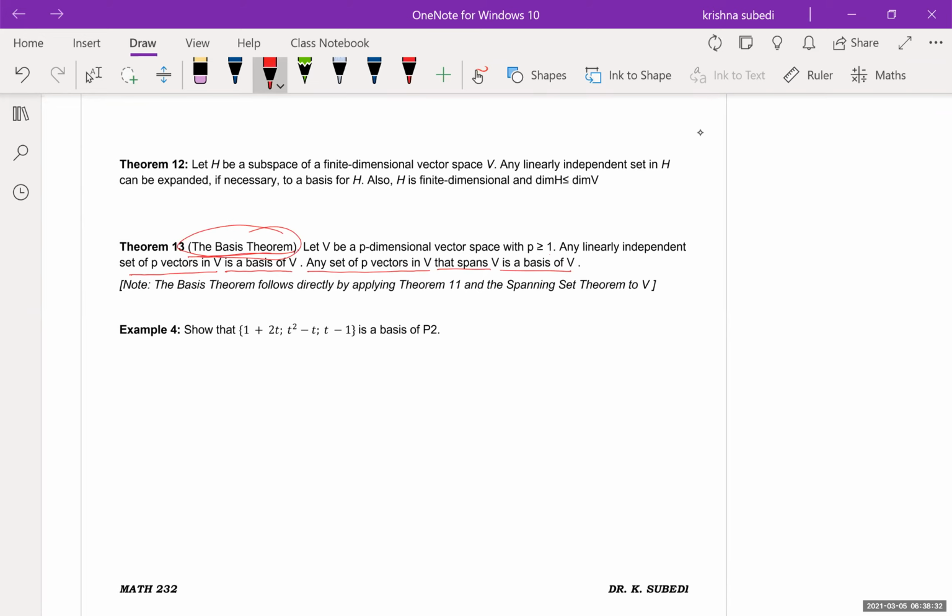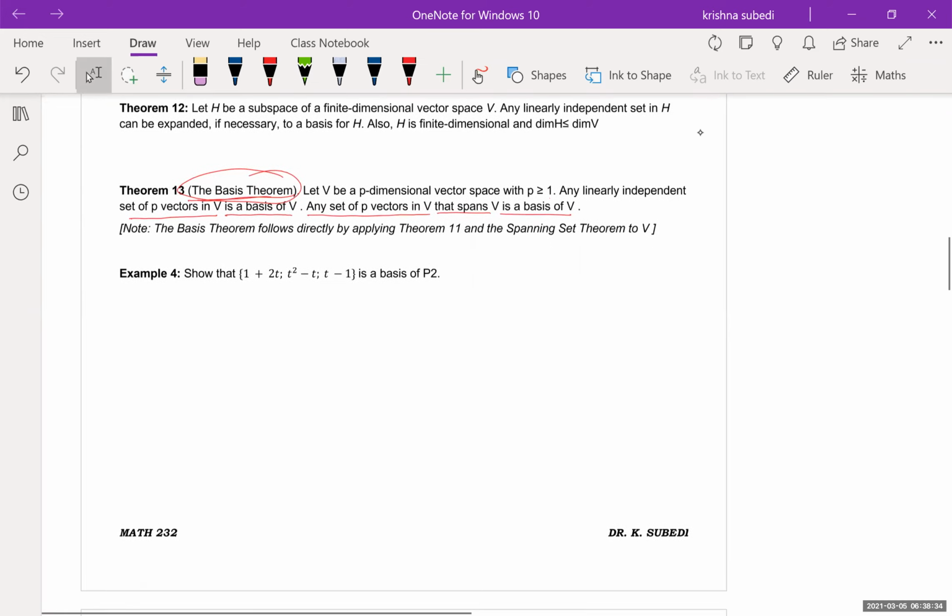Let's focus our attention at this point on example 4, and once we solve example 5, we will take help from Theorem 13, the basis theorem.